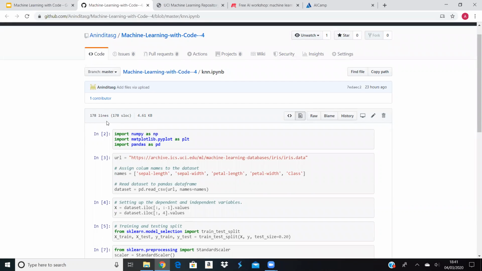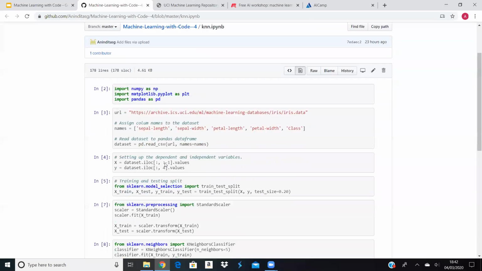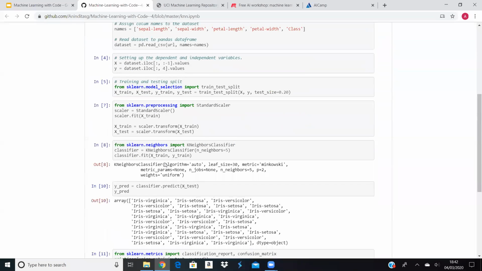So if petal length and sepal length have a certain set of values, then that particular iris would be iris virginica. And if sepal length is maybe 7 and sepal width is 2, petal length is 6 and petal width is 1, then it would be iris versicolor. So this is what it has found out from the classifier.fit data.